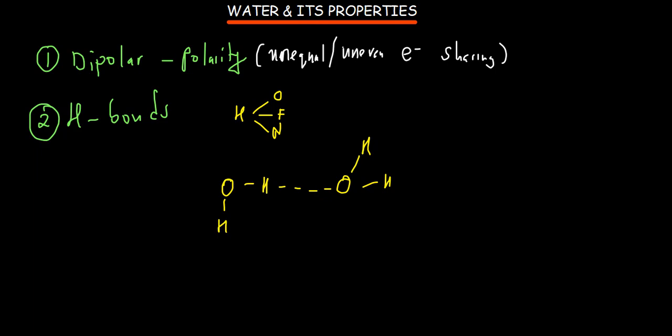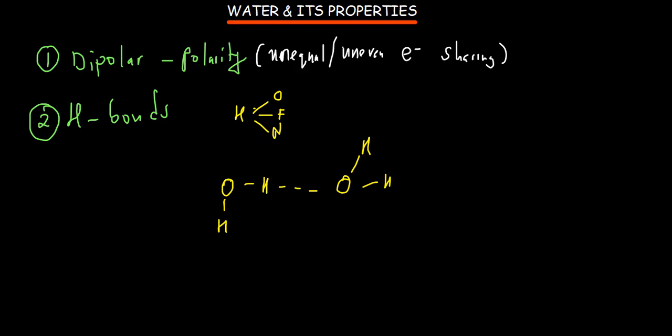That is why it is nearly impossible for you to have one water. You are going to find water together, because these bonds are such a lot that it is very difficult to separate them. You can't say, oh, this is one water, this is two, three. No, it's not possible. Okay, so that is what we need to be aware of.